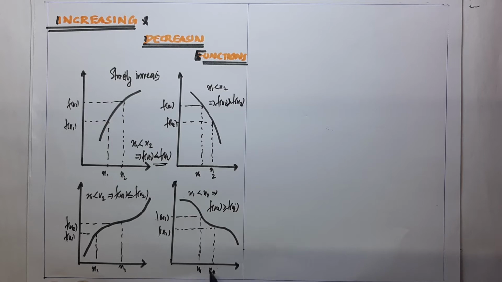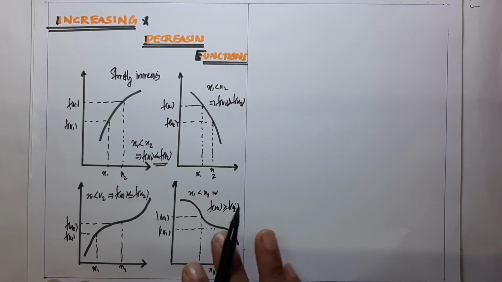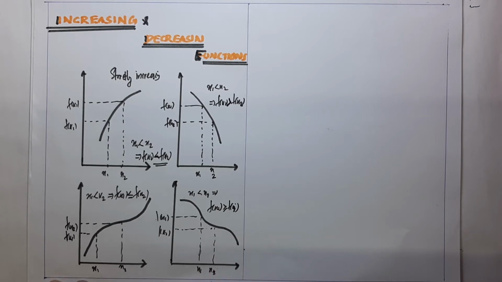Here x1 is less than x2, but f of x1 is greater than or equal to f of x2. There is some point where f of x1 and f of x2 are equal, so this function is said to be a decreasing function.